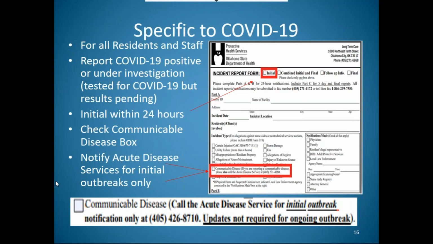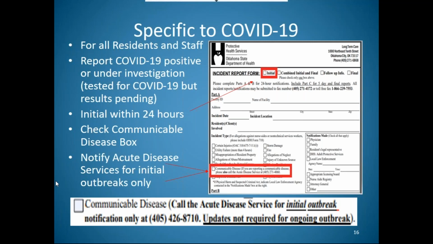The update they're talking about is to the actual communicable disease department. You do not have to call them from here on out whenever you're still in outbreak testing with any new positives that show up, but you do have to fill out a report form and send it to the OSDH. We do send these on to communicable disease, but it will keep them from having to answer that phone call.